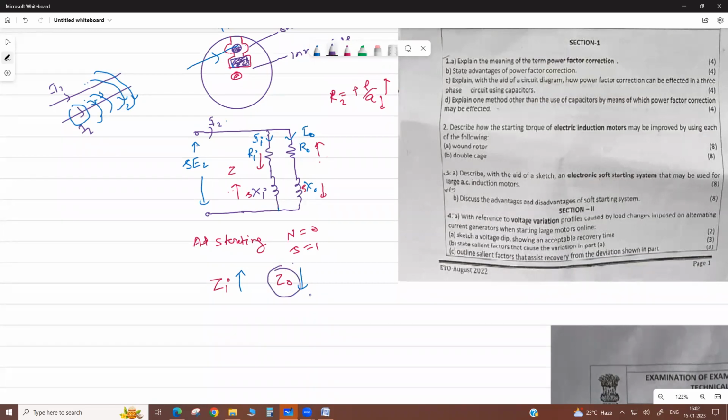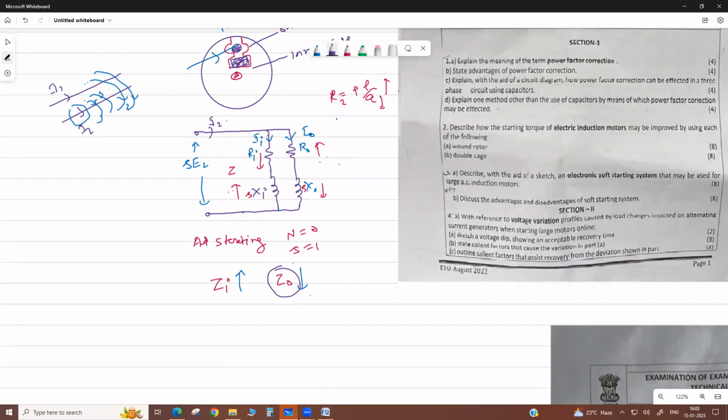That's why maximum current is passed from the outer cage. This current is high at starting. Because current always takes a low impedance path. So at starting, see, resistance is high, but overall impedance is low.